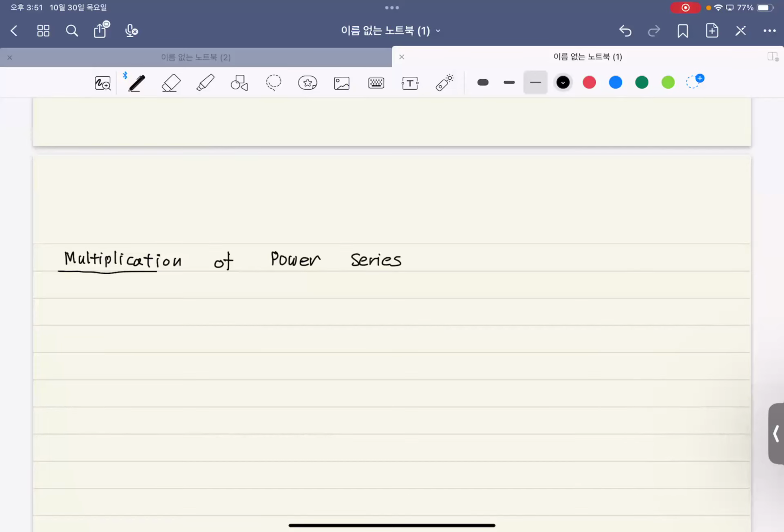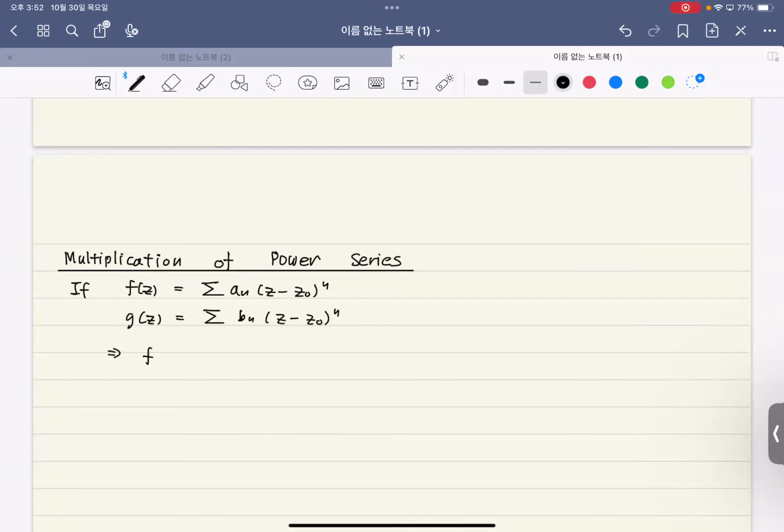In general, I want to say some operations between power series. I have two functions, and they have the same center of expansion. This is my f, and this is my g. Sorry, I should also not forget about the radii of convergence.